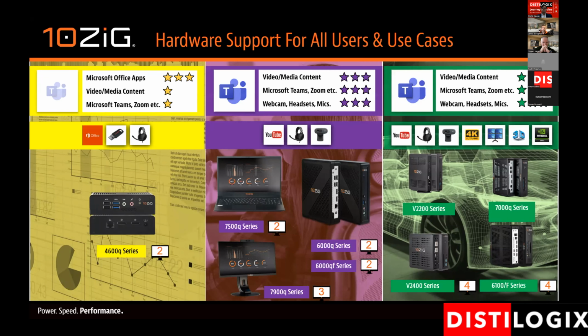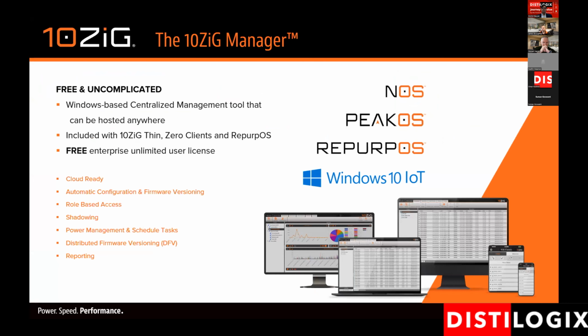Now, all of our operating systems, including Repurpose, can be managed through the 10Zig Manager. This is our free management tool, and you can install it on premises. You can install it in Azure, in AWS, wherever you like. You can then manage your thin clients, zero clients, or repurposed devices through 10Zig Manager for free.